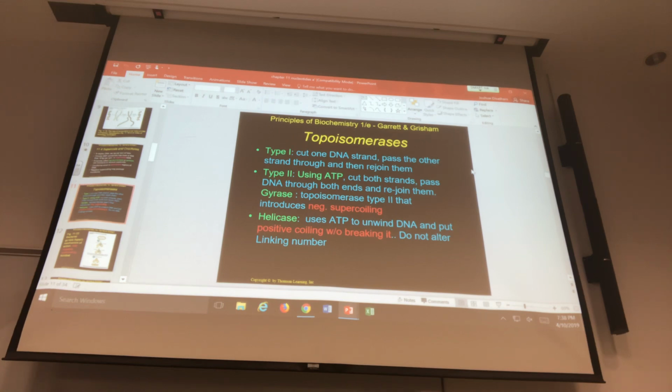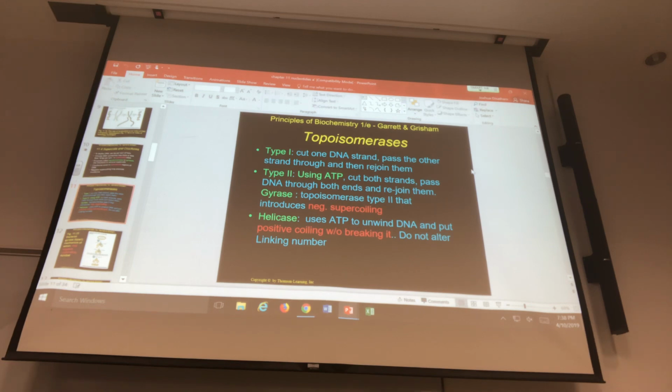So it gives a hint at what types of supercoiling they fix because they add the opposite type. So it removes the negative supercoiling. In general, yes, which is all you need to know, the general information. Yeah. So if helicase creates supercoiling, but it doesn't alter the linking number, how does it do that?